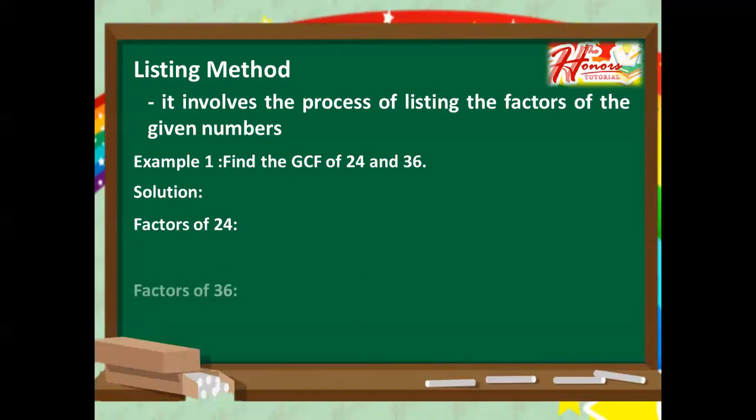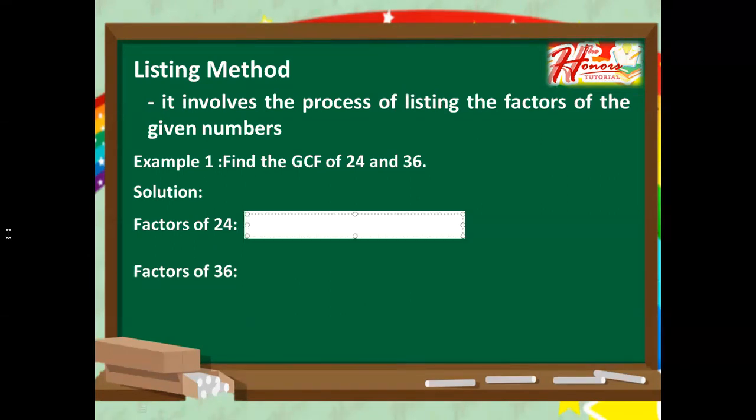Factors of 24 and factors of 36. How do we know that it is already the factor or factors of 24? You have to think of two numbers that when you multiply is equal to 24. I will give you an example. Let's start with 1.